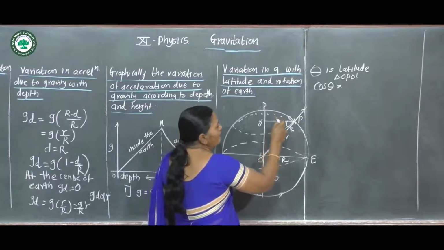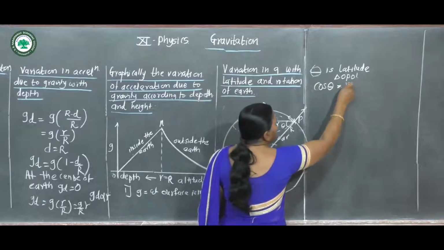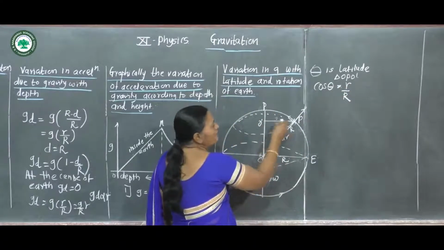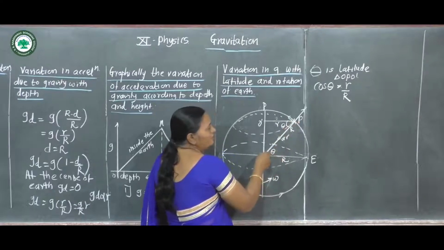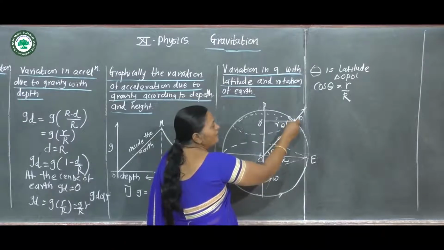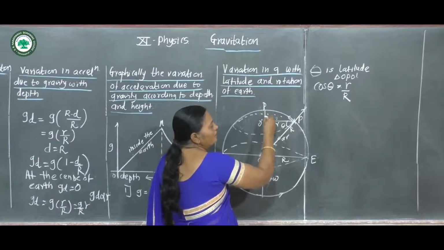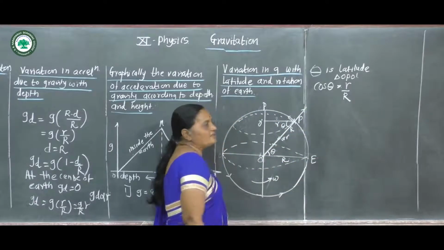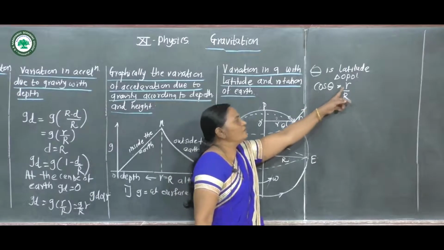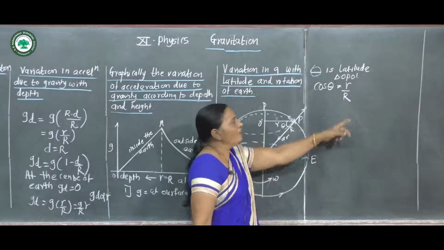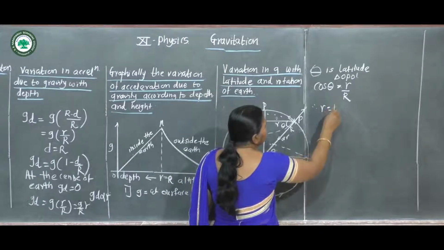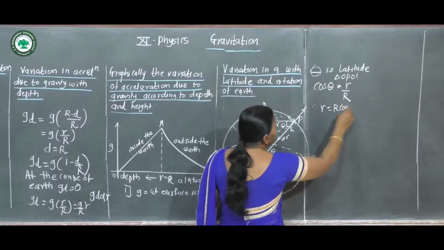Cos theta is equal to r divided by R, where r is the radius of this path and R is the radius of the earth. The particle rotates about the axis with radius r, and from the figure we can say that cos theta is equal to r divided by R, therefore r is equal to R cos theta.